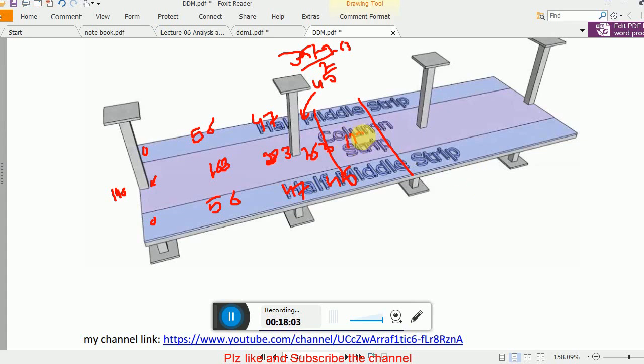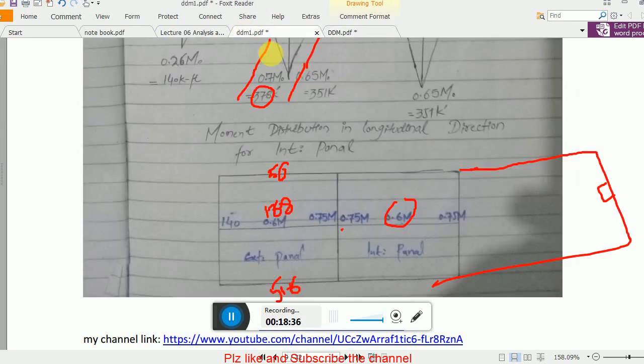So 113 will be absorbed here, while the rest of the movement, 189 minus 113, gives you 76, divided by 2 gives you 38. So there you have 38 and here you have 38. Or you can take 20% of 189, which equals 38 on each side. So this is the way.